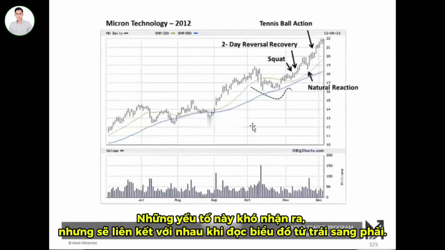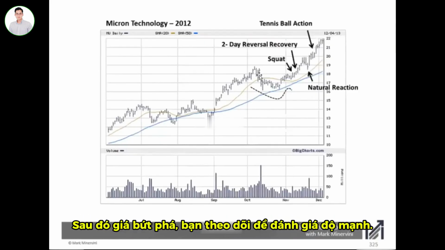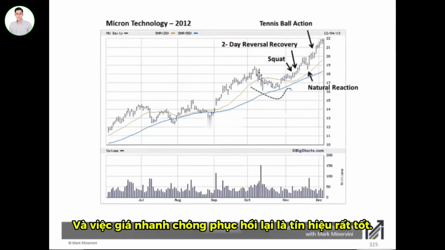And it's subtle stuff, but you're going to see how this all works together as you start from the left side of the chart, and you work your way up with the long-term trend, making sure that you're in a long-term trend and looking for the chart patterns and looking for the VCP and then the entry point. Now the stock's going to break out, and you're going to start looking at these subtleties to see how strong the breakout is, and the fact that you can recover that reversal relatively quickly is a very good sign.